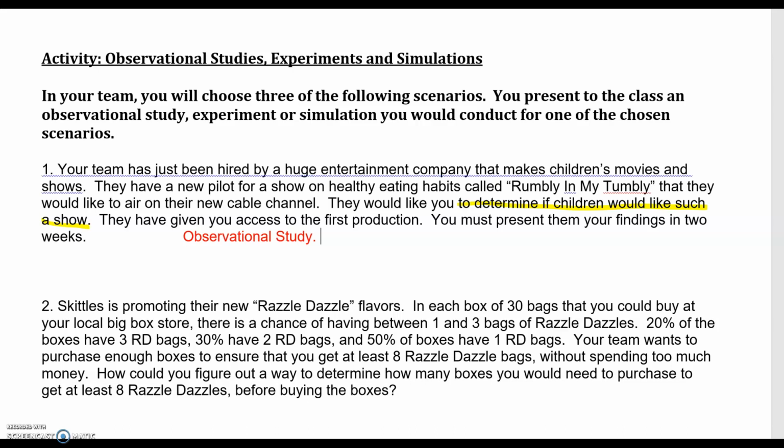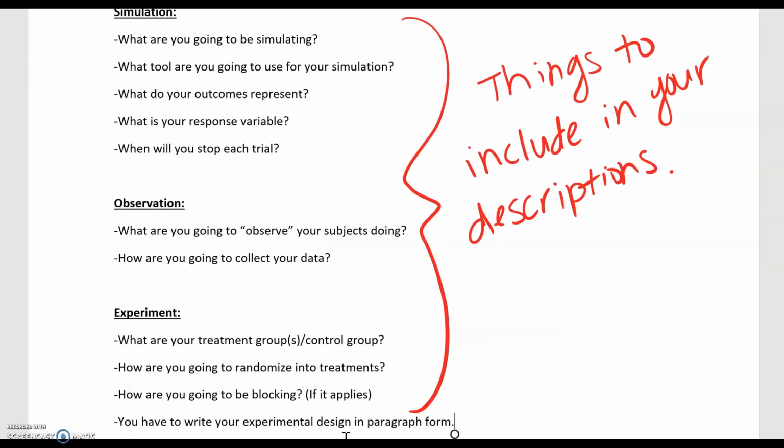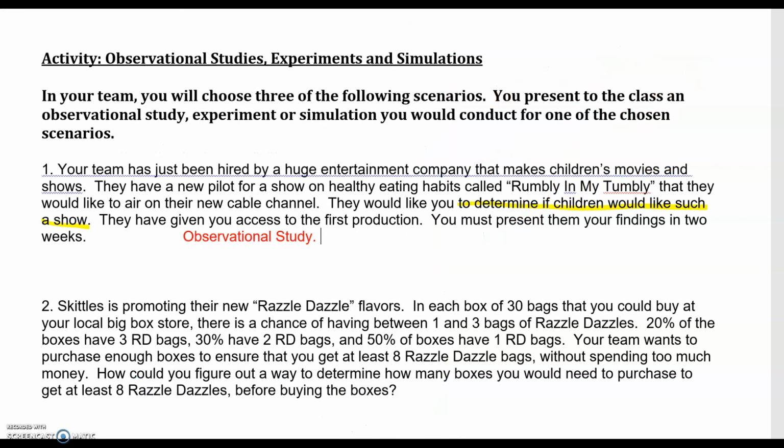Make sure you read through the different examples, and don't forget to look back to your different bullet points to see what situation you're looking at. Is it a simulation, observation, or experiment? Make sure you hit every bullet point under each topic. Make sure you do all 5.